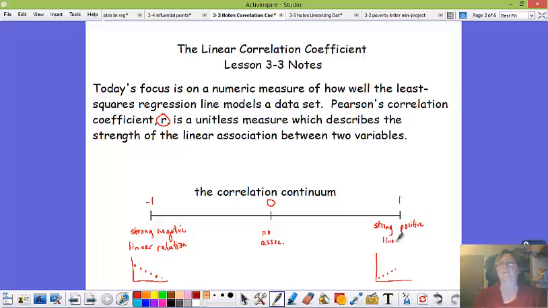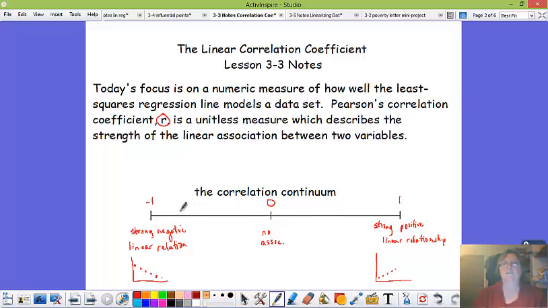Now, since we are on a continuum, there are obviously other values of r in between -1 and 0, 0 and 1. Strong relates to being at either end of the continuum.